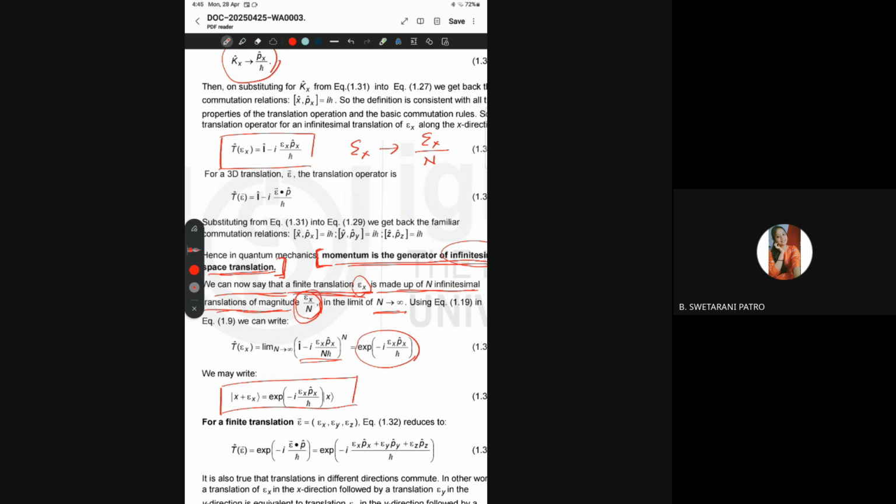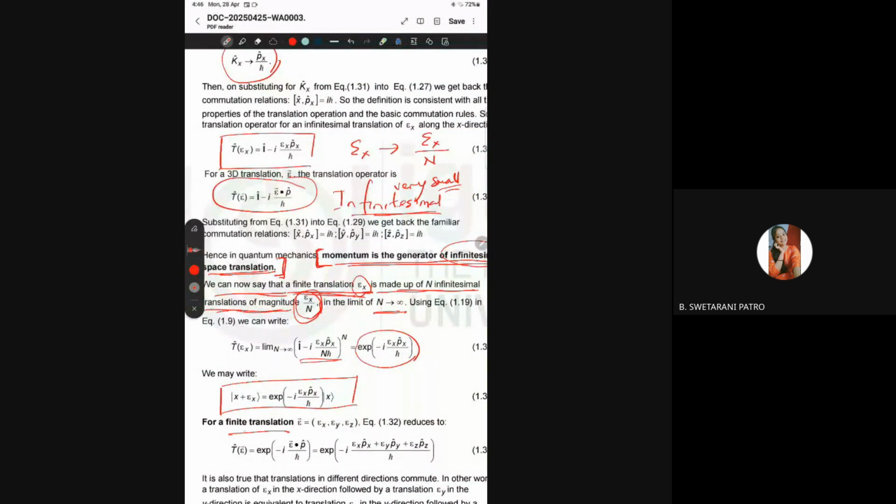So for translation in three dimensions, this is the earlier value, whatever we have got. This is for infinitesimally very small translation.